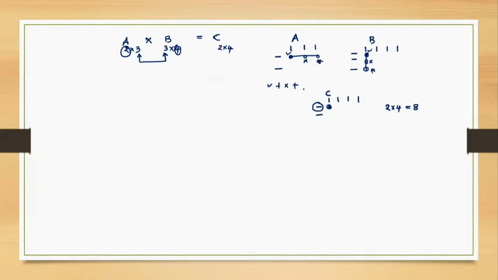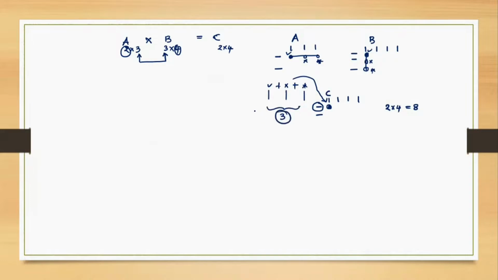So after 3 multiplications and summation, we get the first element of C. Here, this is the first multiplication, second multiplication, third multiplication. So altogether 3 multiplications are required.